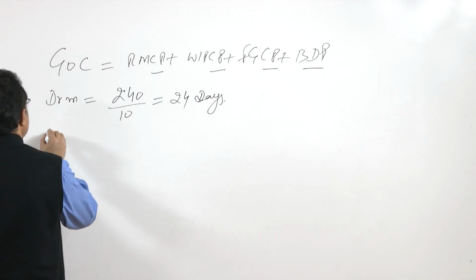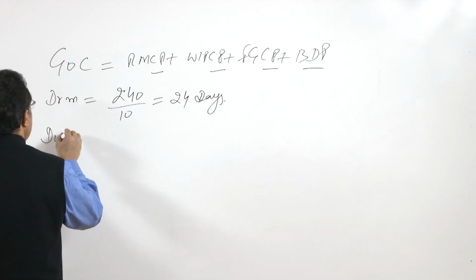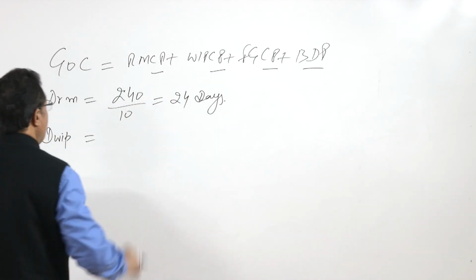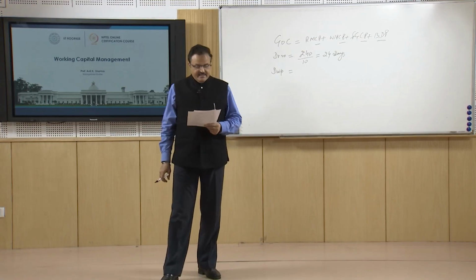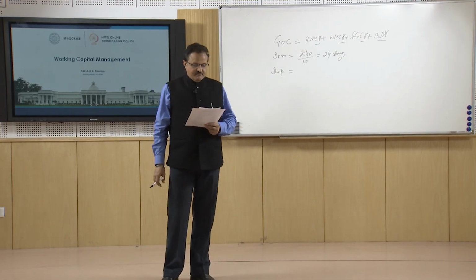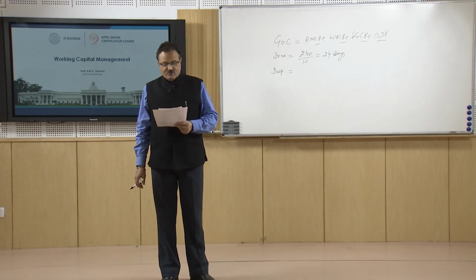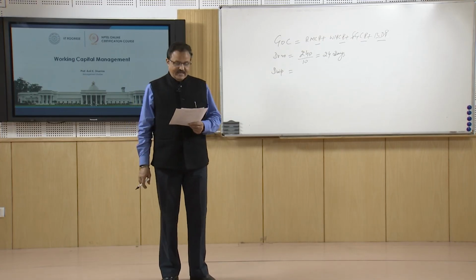Now we will calculate the DWIP, or the WIPCP. The formula says it is the average WIP inventory divided by the average WIP value committed per day.